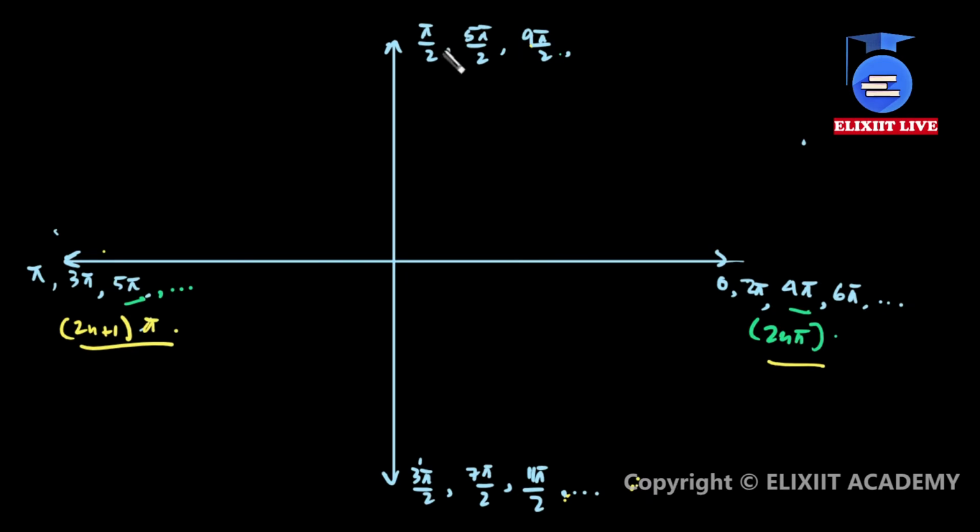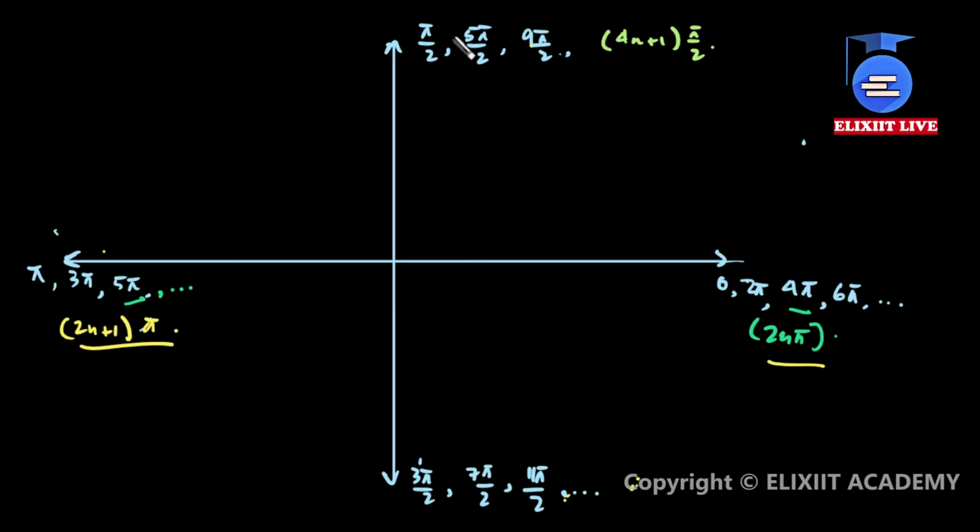Now come down to this one. Pi by 2, 5 pi by 2, 9 pi by 2. So we have 1, we have 5, we have 9, and so on. If I write this as 4n plus 1, what does 4n plus 1 mean? All these numbers are of the form 4n plus 1 or 4k plus 1.